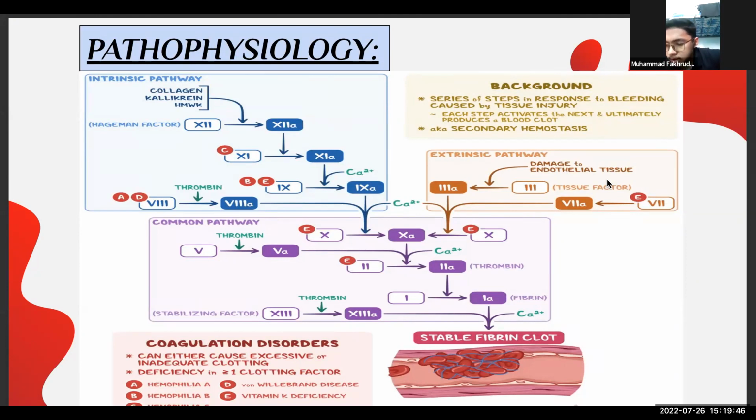This coagulation cascade is very important for us to understand and remember, because we have a specific test to diagnose hemophilia patients by looking at this intrinsic pathway. I will explain after this. Okay, next.